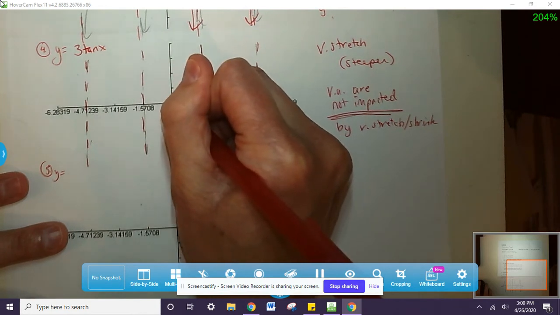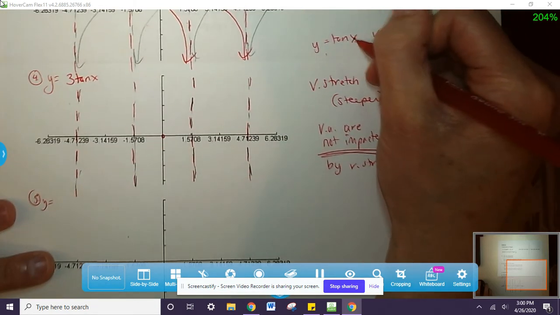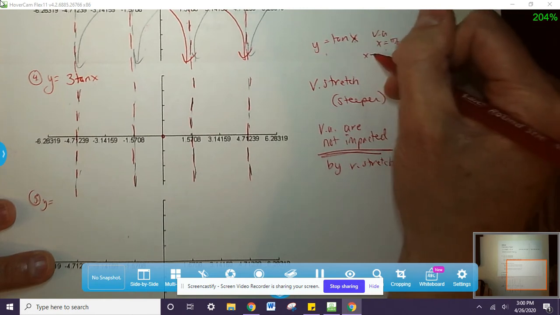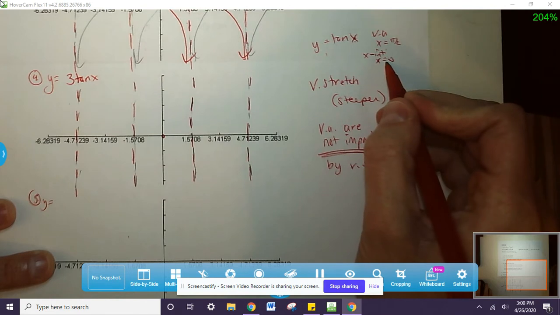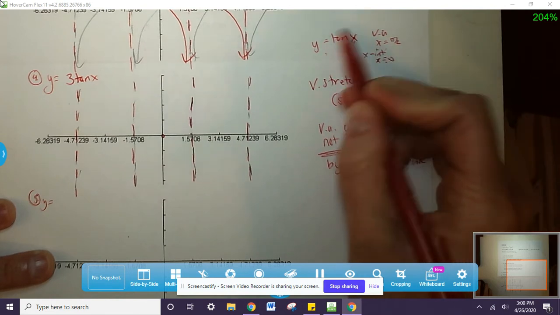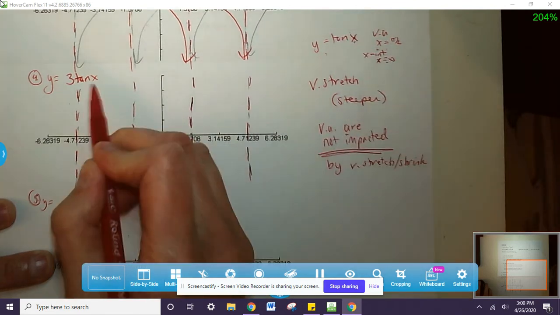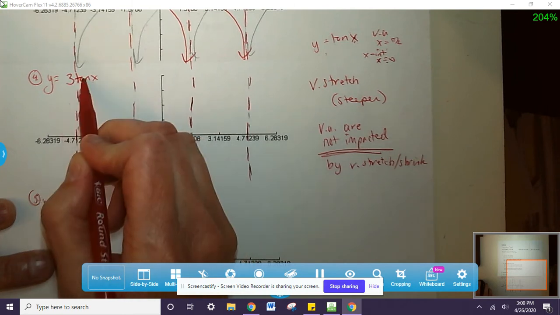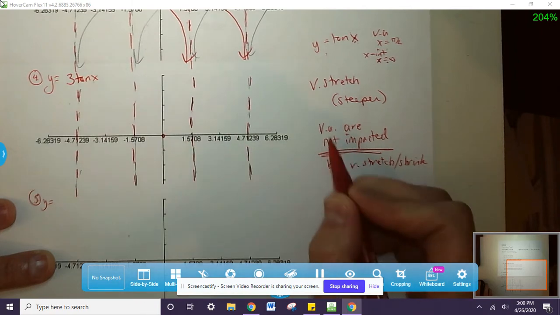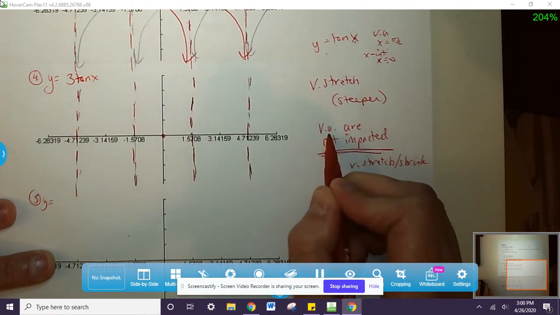Because again, think about the basic tangent graph. There's an x-intercept, for example, at x equals 0. Because if you plug 0 in here, you get 0. If you plug 0 in here, the tangent of 0 will still be 0. And 3 times 0 is 0. So the vertical asymptotes don't change, neither do those x-intercepts.